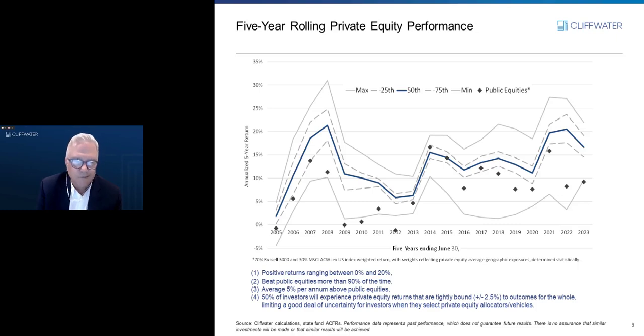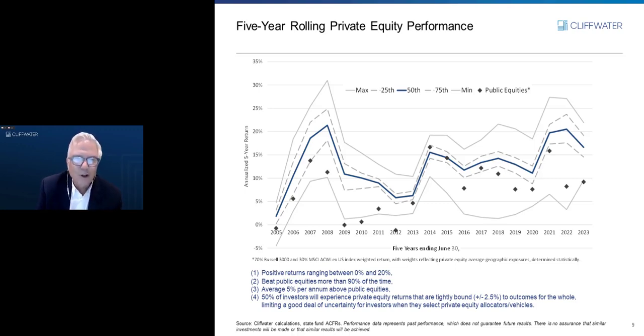One is they're all positive. So no one has lost money in private equity on average over any 5-year period over this almost 25-year period. The second is the diamonds, which are the equivalent 5-year returns for public equities.